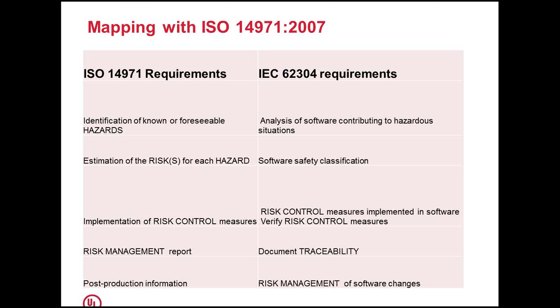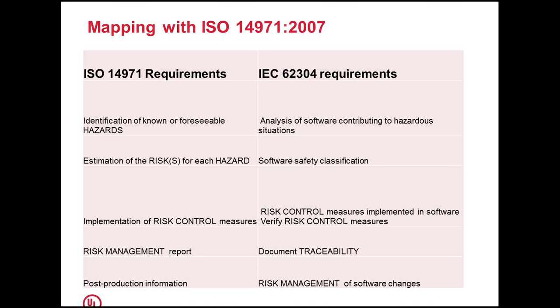These types of hazardous situations, you need to analyze and then see what is the impact. Estimation of risk for each hazard: this is based on the impact. We need to classify the software based on the intended use of the software, based on the analysis, what all the hazardous situations are, what can happen, and what mitigations you put. Based on those, the software classification is done.